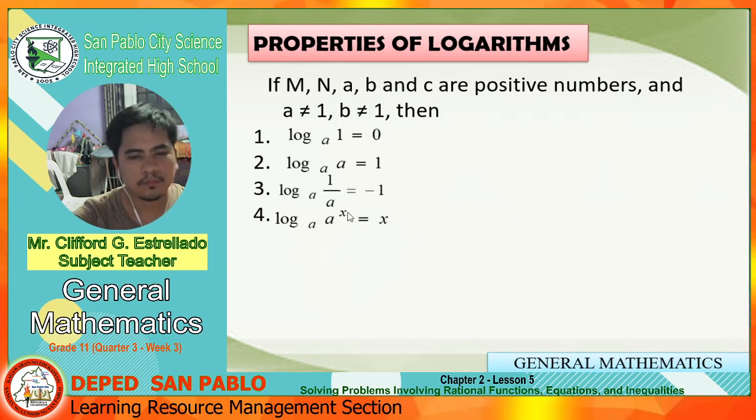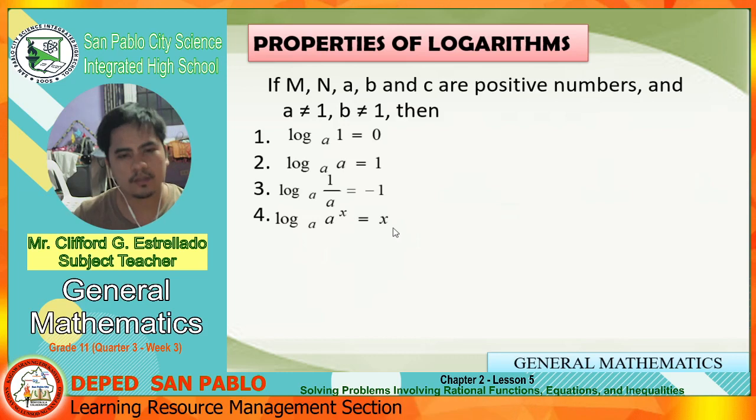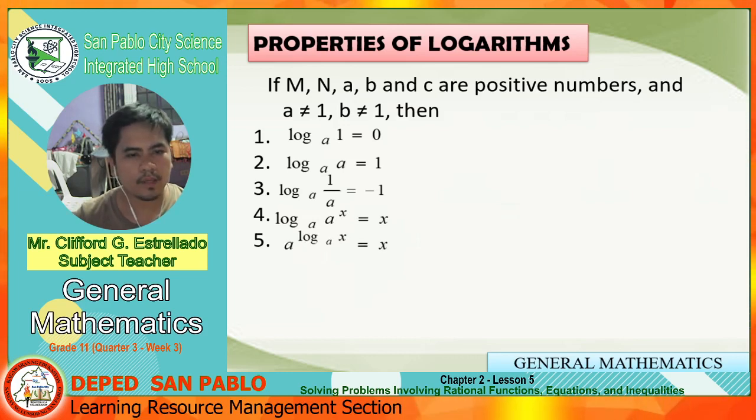So equal siya doon sa exponent na x. Next, number 5, a raised to logarithm of x with the base a is also equal to x. Parang na-cancel out na lang din doon yung a natin.